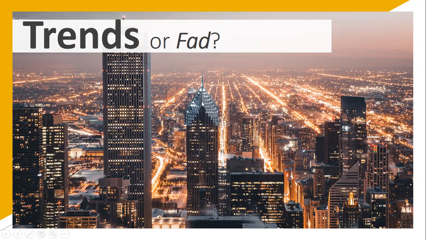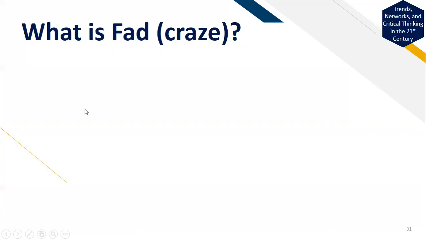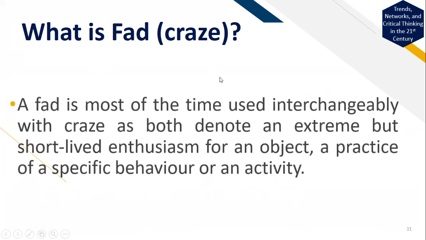So punta na tayo ngayon dito sa trends or fad. So ano nga ba ang pinagkaiba ng trend sa fad? Pag sinabi natin fad, it is also synonymous to the word craze. A fad is most of the time used interchangeably with craze as both denote an extreme but short-lived enthusiasm for an object, a practice of a specific behavior, or an activity. So ibig sabihin, this is the smallest type of trend that can happen in a particular society, regardless of the level.